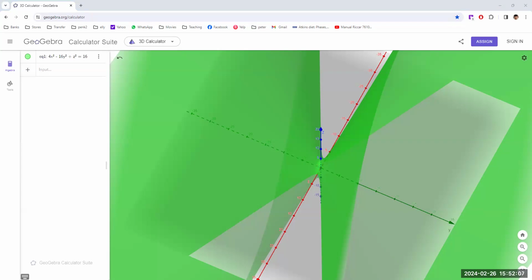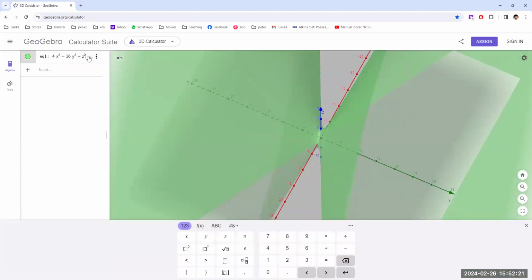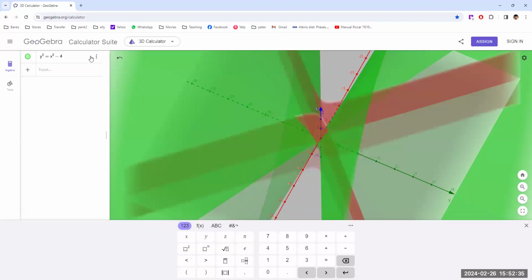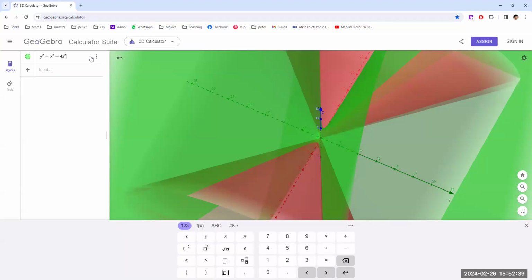Number 21 to number 28, you can try to do it yourself. Number 32, y squared equals x squared plus 4z squared plus 4. Y squared equals x squared minus 4z squared plus 4.